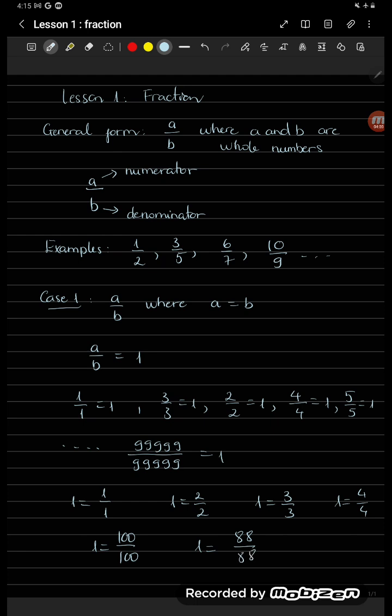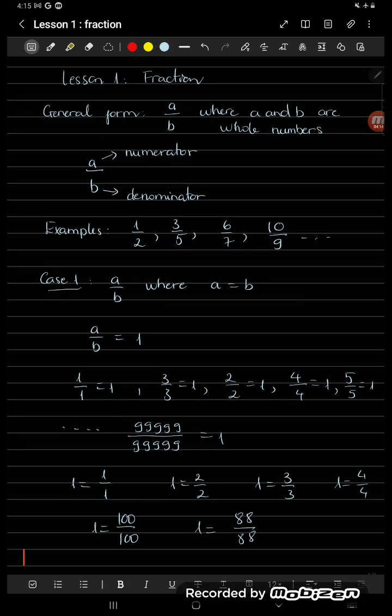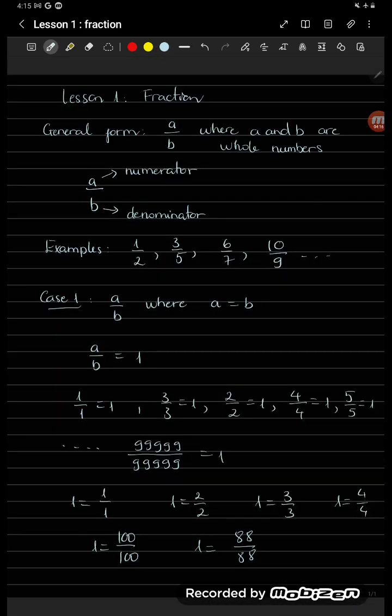Why do I talk about this? Because later when you do addition and subtraction of fractions, we need to know this. So that's case 1.